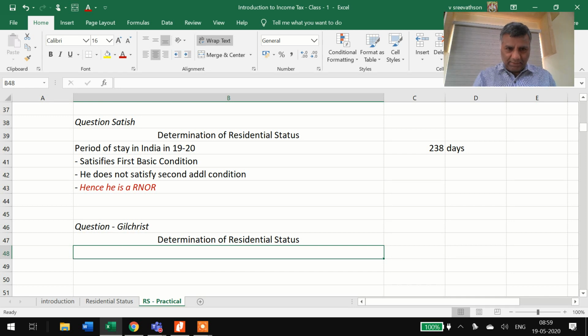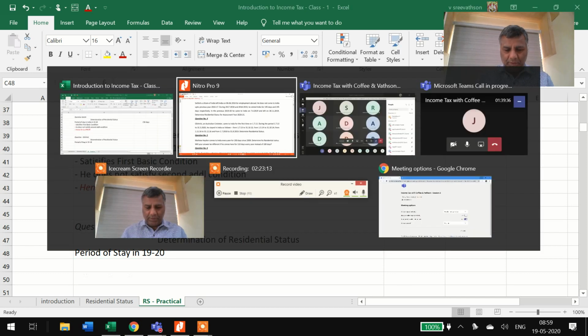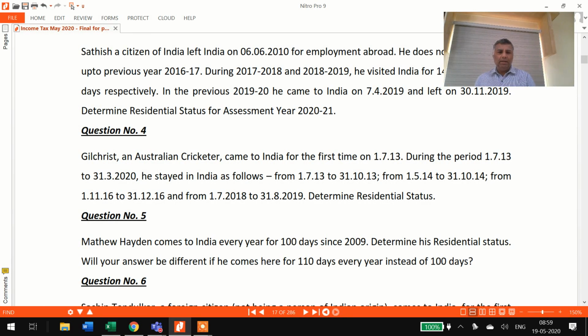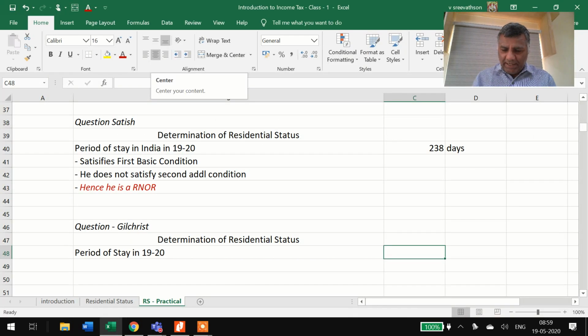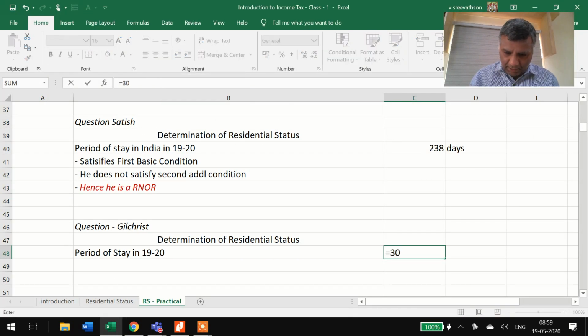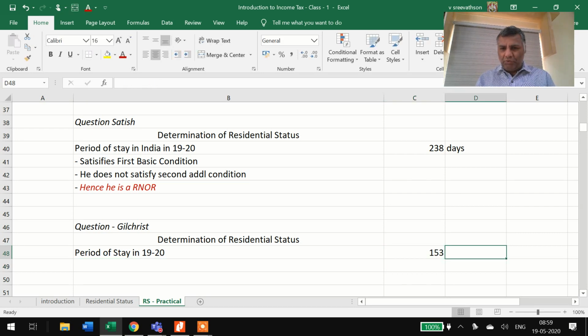First, let me look at the period of stay in 1920. So up to 31/8 he was here. April he was here, May, June, July, August, 153 days.